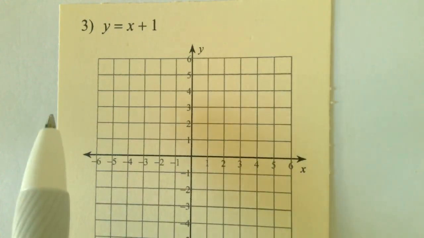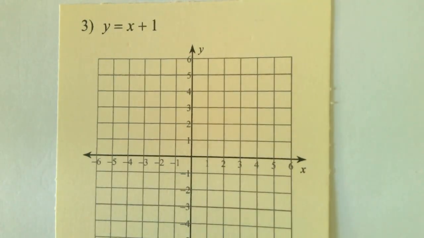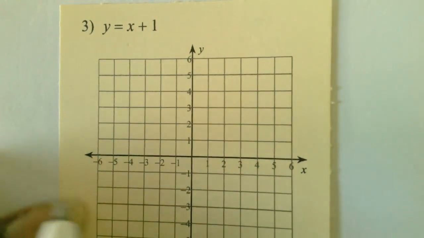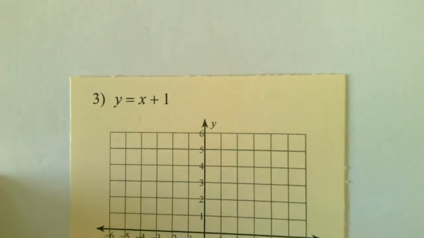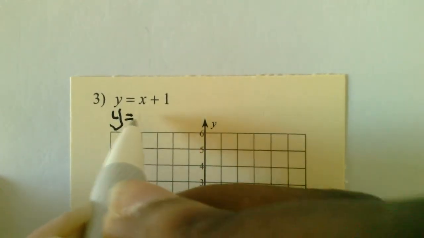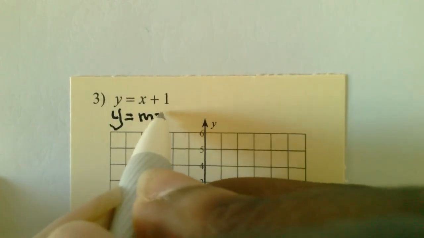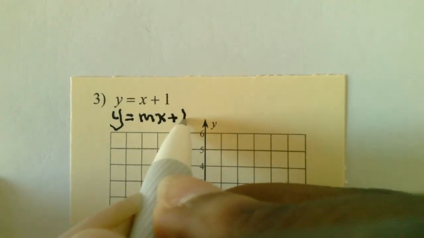So we have our y equals x plus 1. Alright. So we have two things. Remember, let me bring this down a little bit. This will be our y equals mx plus b.